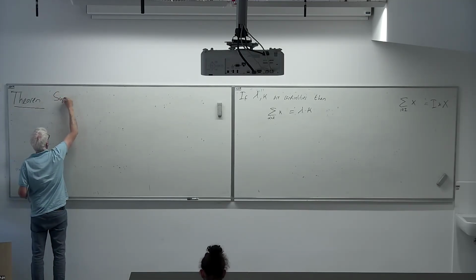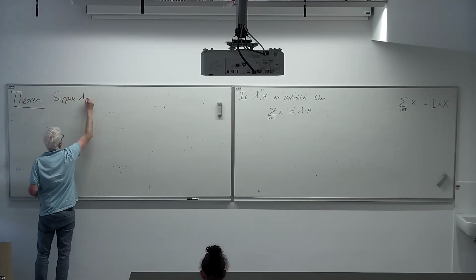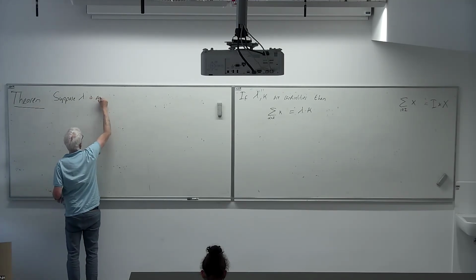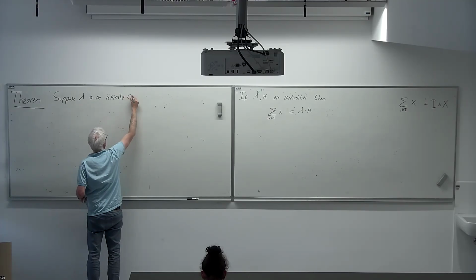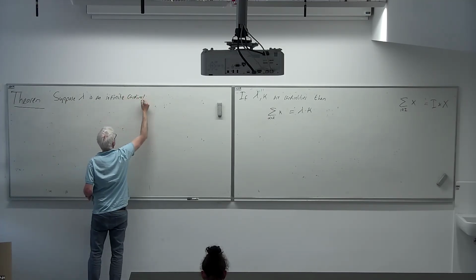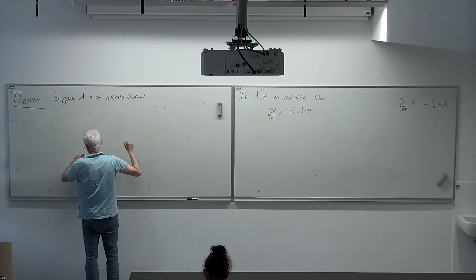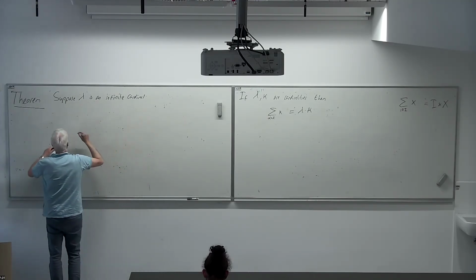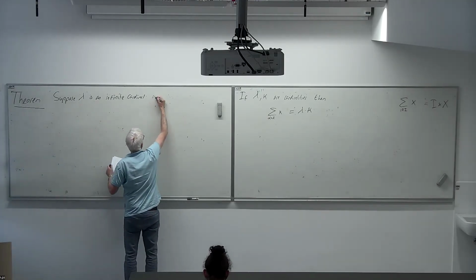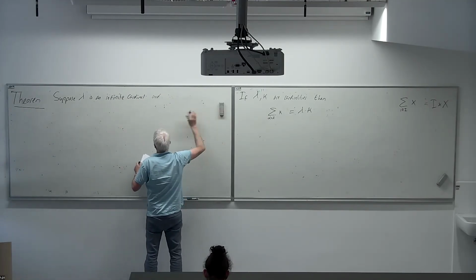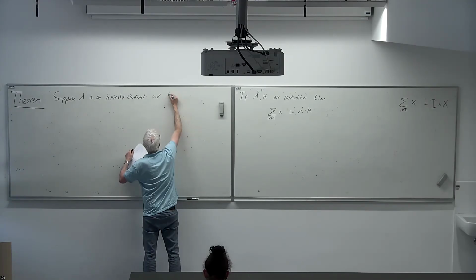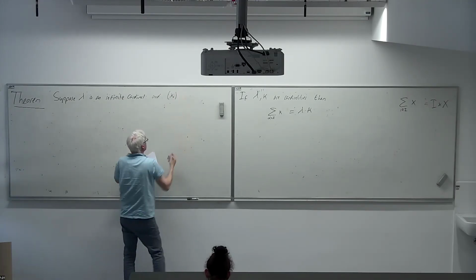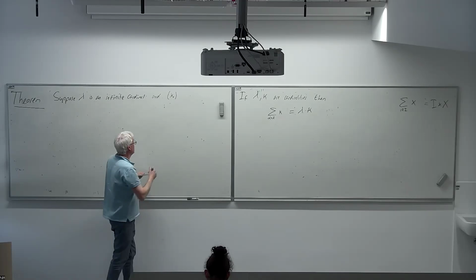So suppose lambda is an infinite cardinal, and we're going to use lambda as an index set.